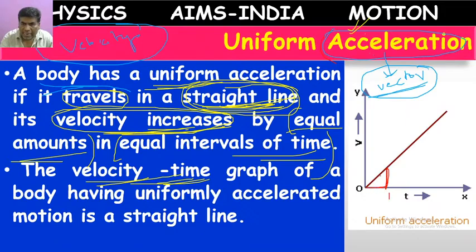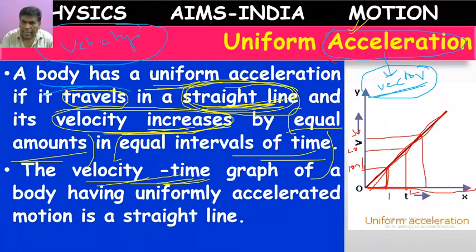This is 1 second. What is the velocity here? 10 meter per second. Next, this is second second. What is the velocity here? 20 meter per second. Again, this is third second. What is the velocity here? 30 meter per second. Like that, we take points on this straight line.